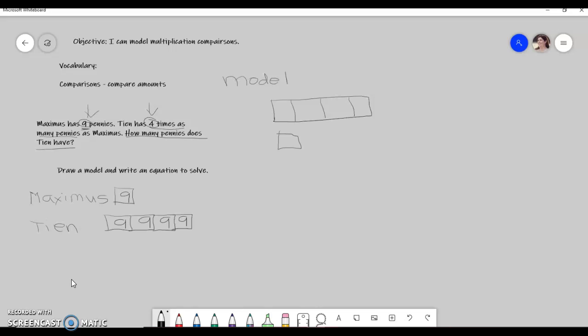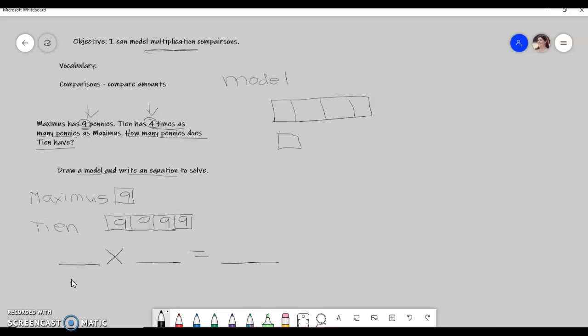Now, next, after we draw our model, it says to write an equation. So we know an equation has to have a symbol, and we are multiplying because our directions up here say multiplication. So we're multiplying a number times a number to get a product.